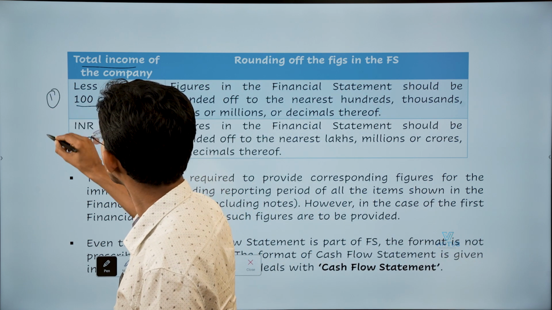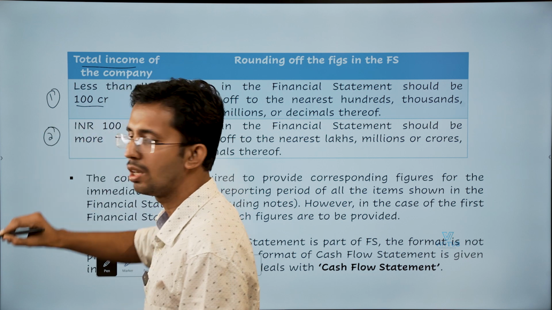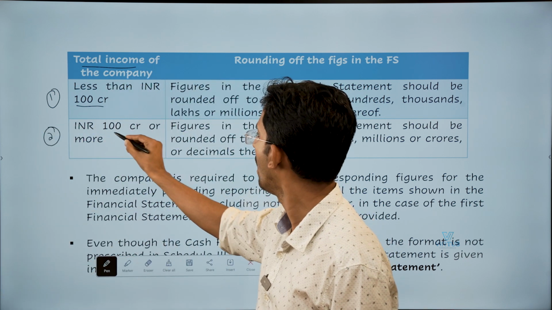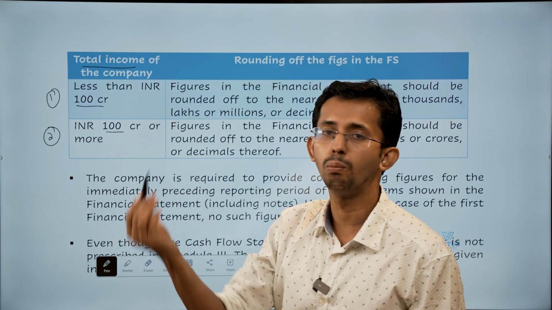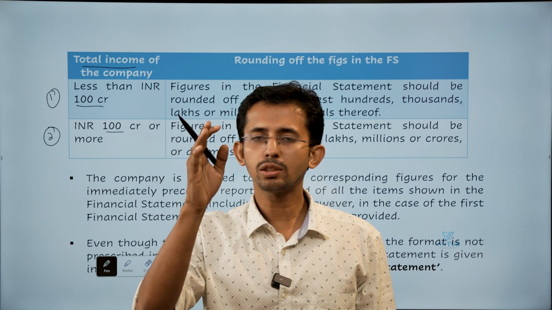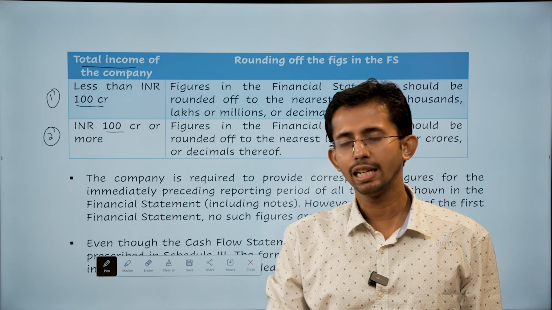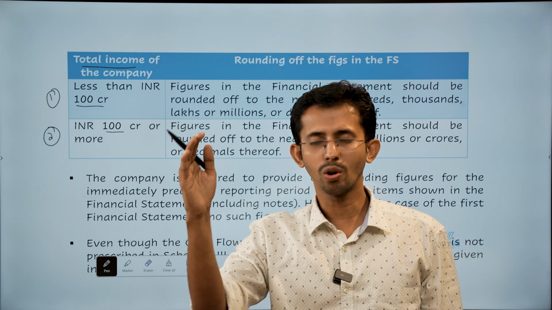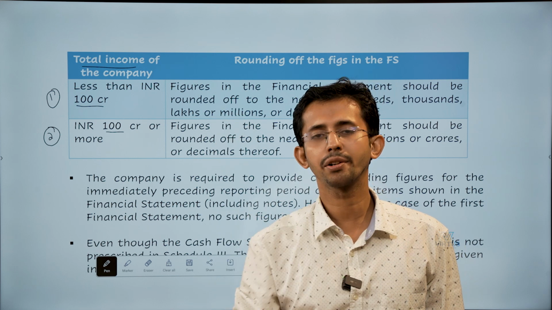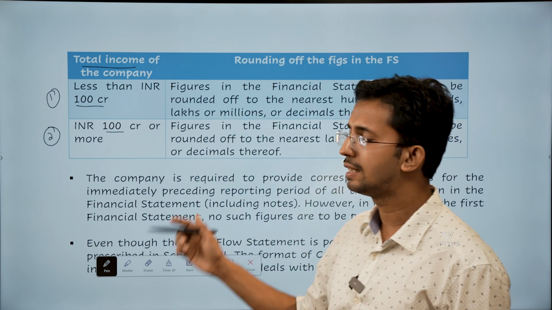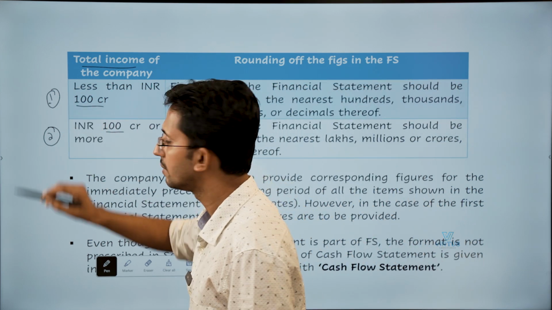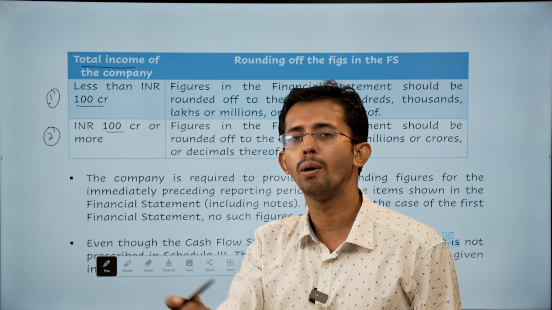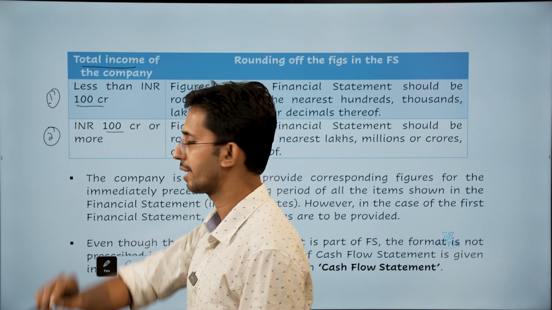And the second category is companies where the total income is 100 crore or more. So if the total income of the company is less than 100 crore, it will come in the first category. If it is 100 crore or above, it will fall into the second category.